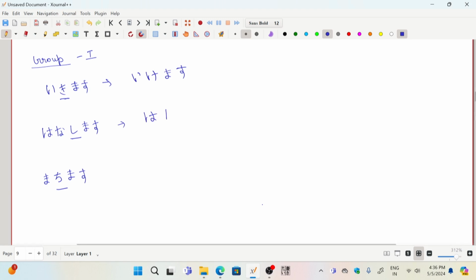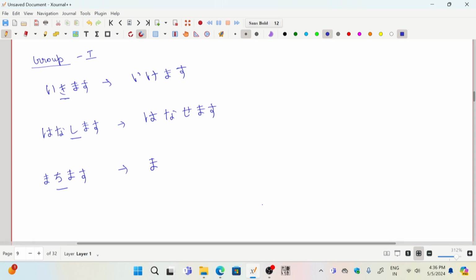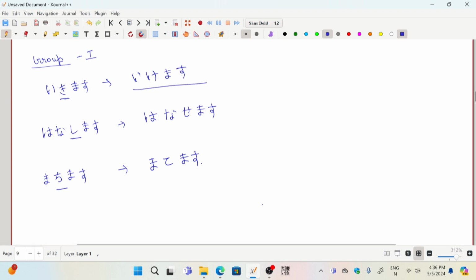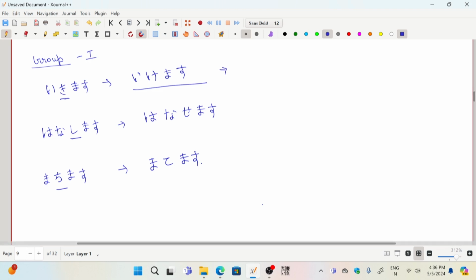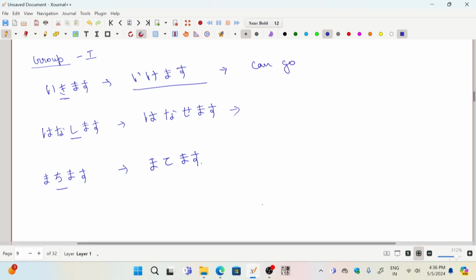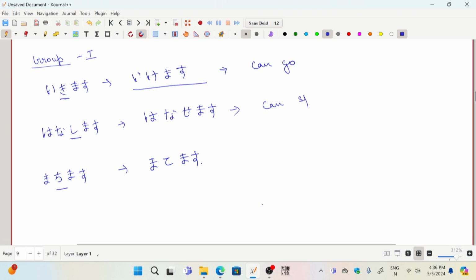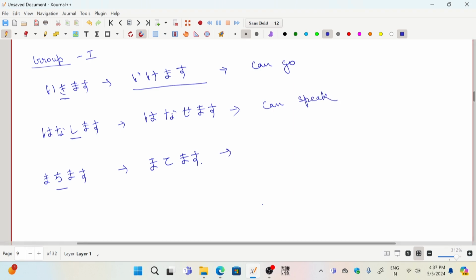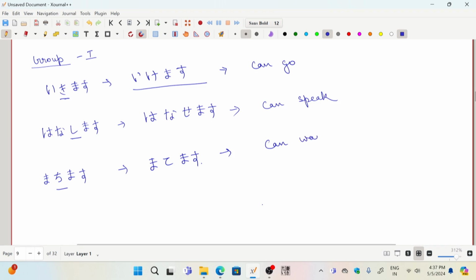Hanashimasu will change into hanasemasu. Machimasu will change into matemasu. Here, ikemasu means can go. Hanasemasu means can speak. Matemasu means can wait.